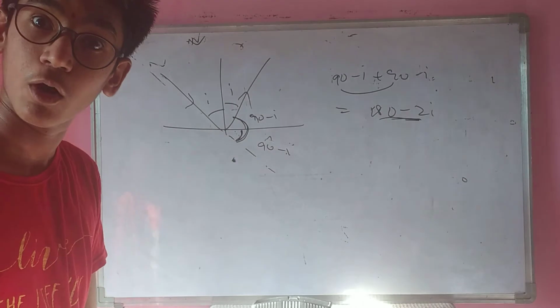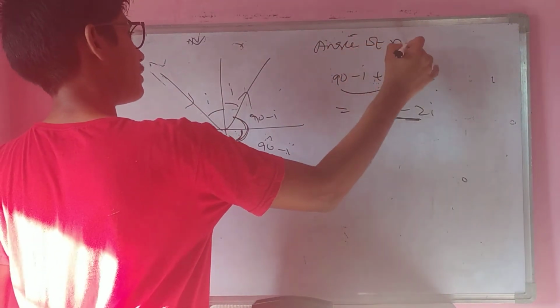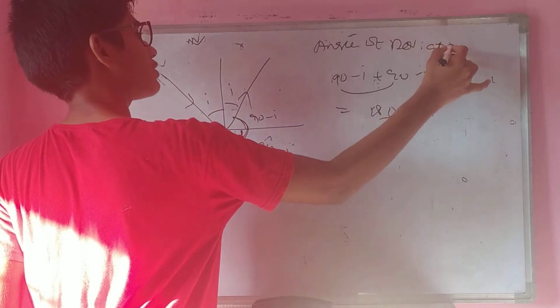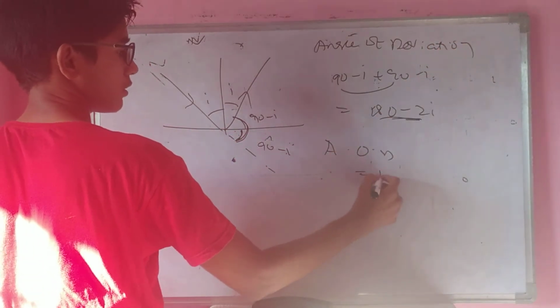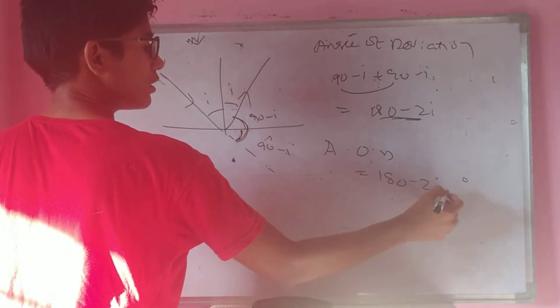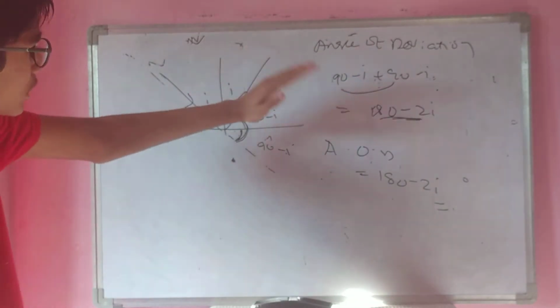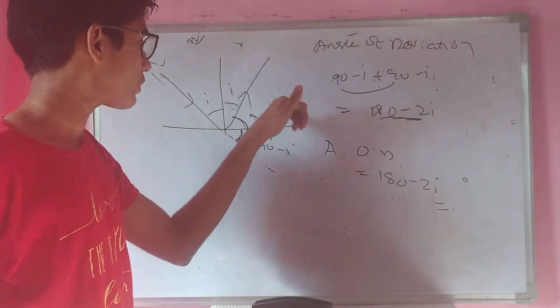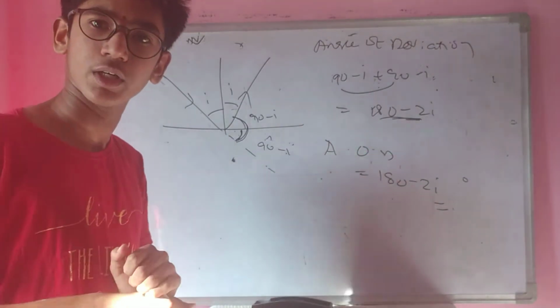Yeah, we have got a formula. Angle of deviation equals 180 minus 2I. Yes, no? This is 90 minus I, this is 90 minus I. I am summing these two to get 180 minus 2I. Angle of deviation equals 180 minus 2I.